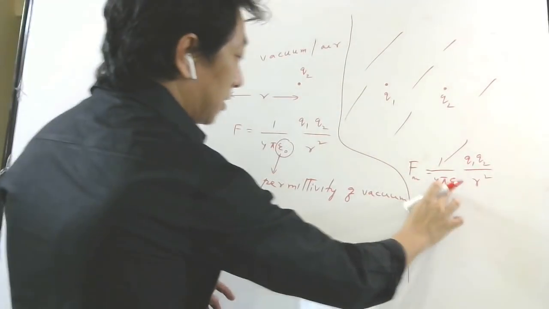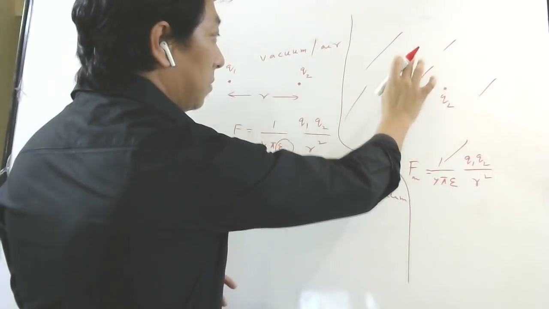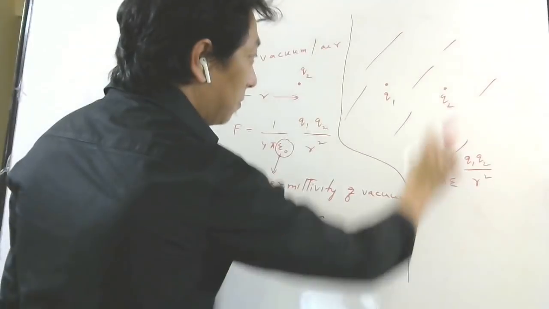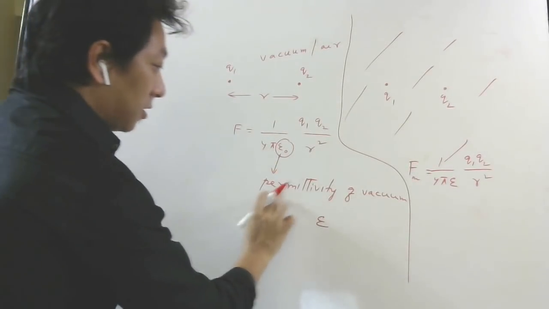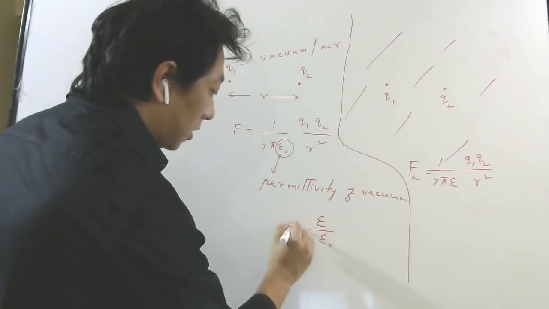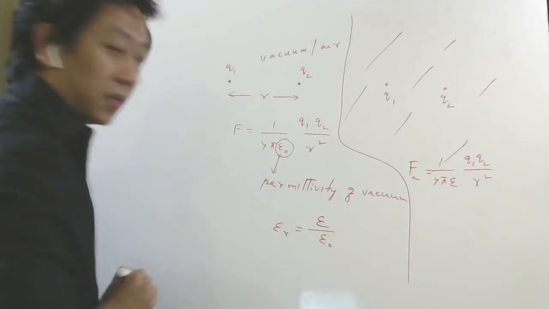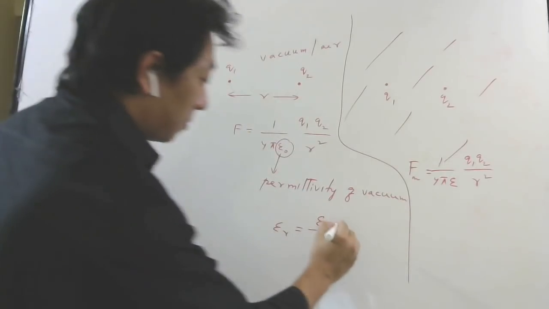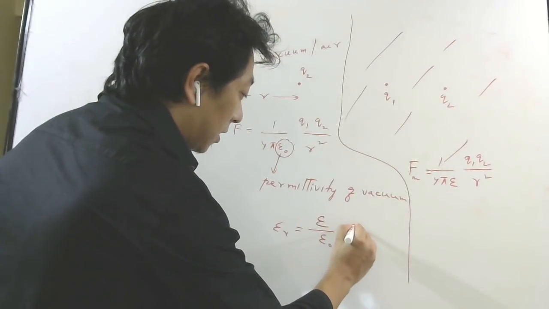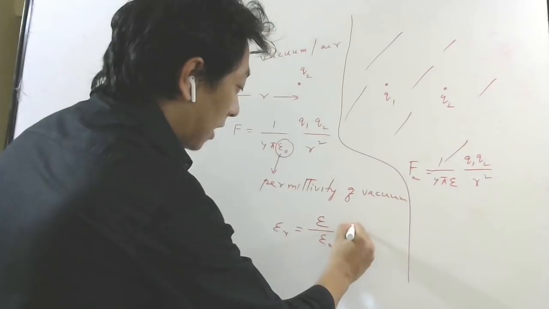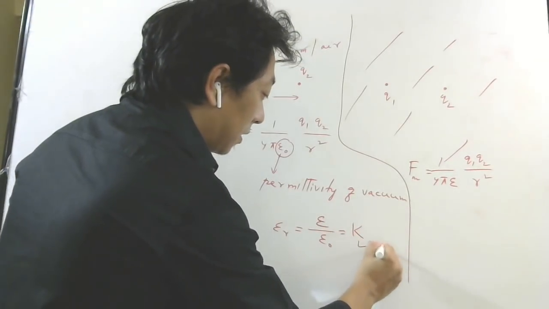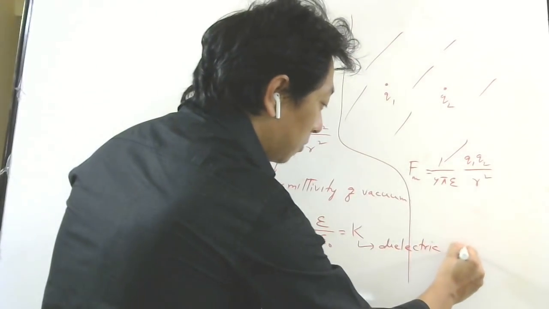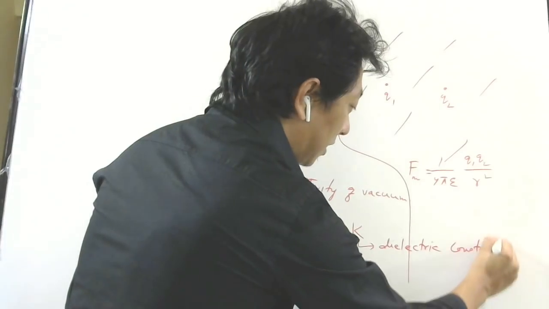This epsilon is called permittivity of whichever medium is present. If you divide permittivity of the medium by permittivity of vacuum, we call that relative permittivity of the medium. In the next chapter, we will also call it a dielectric constant, and we write the symbol K. Dielectric word actually means insulating.